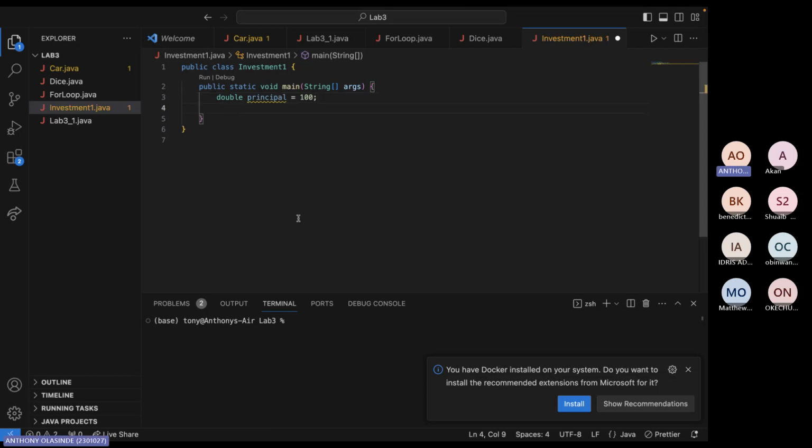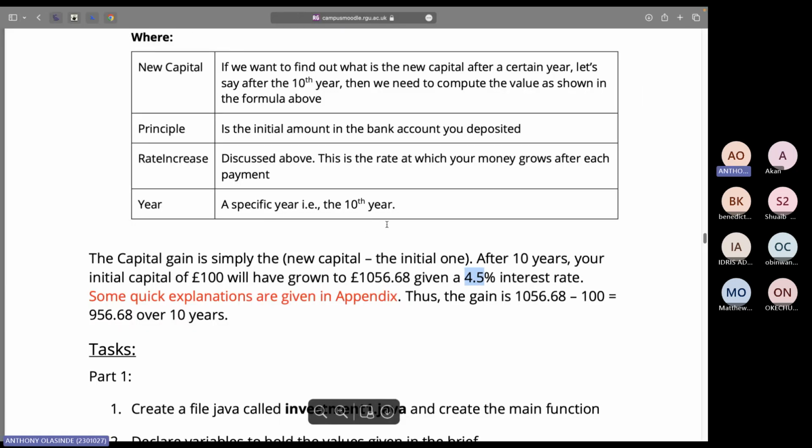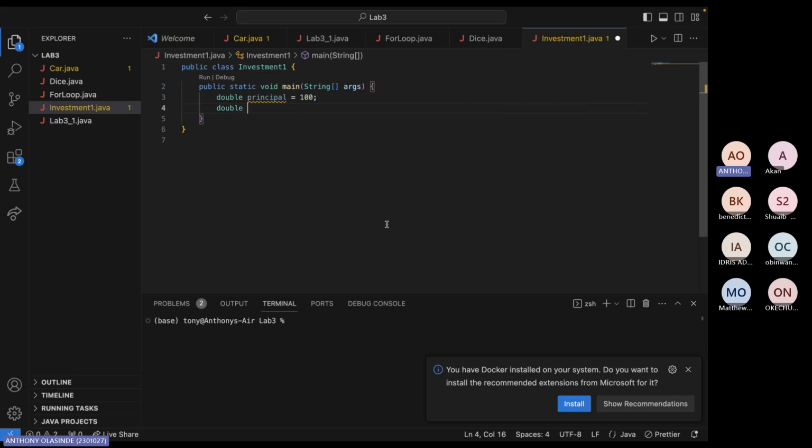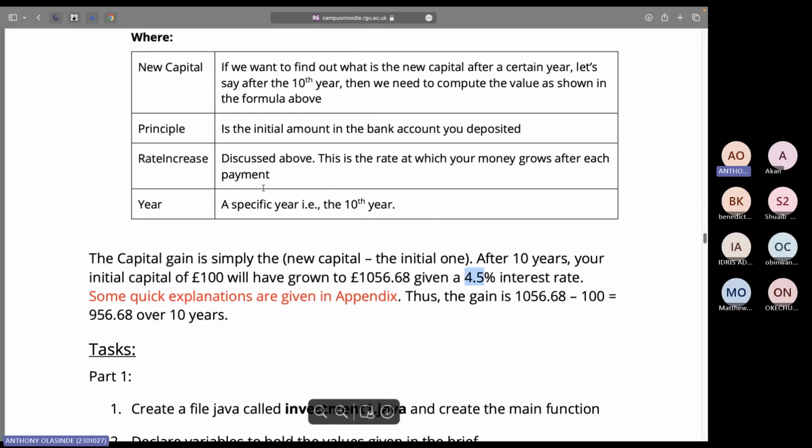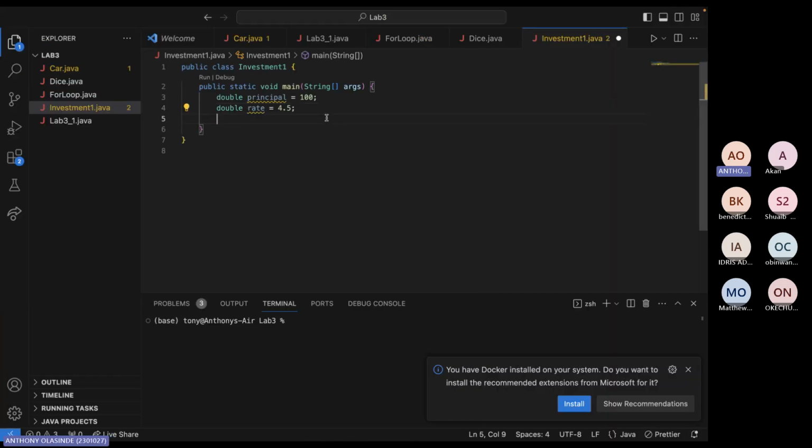And you also have the interest rate. So double, we can just call it rate, equals 4.5. And you have year, 10 years. That could be an integer, right? Int year equals 10.